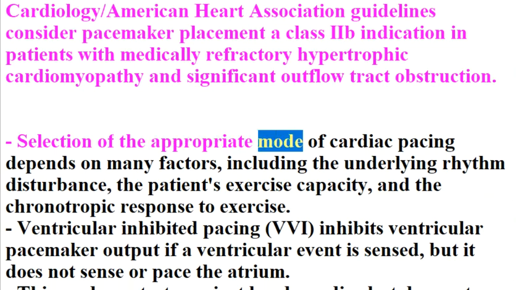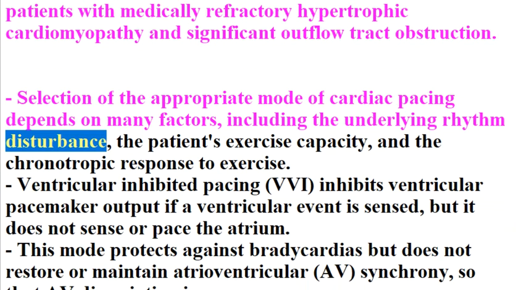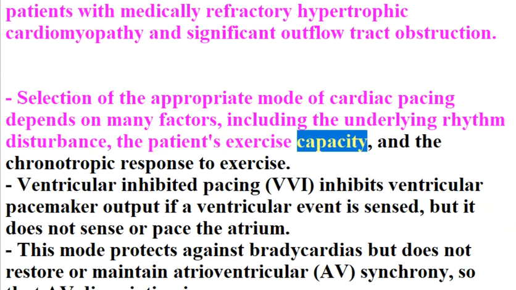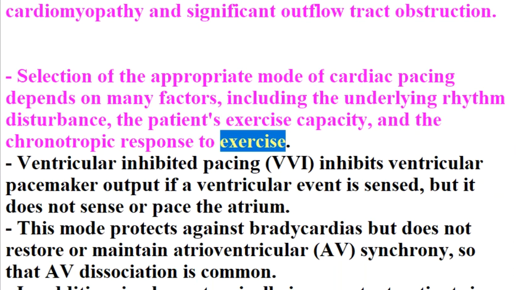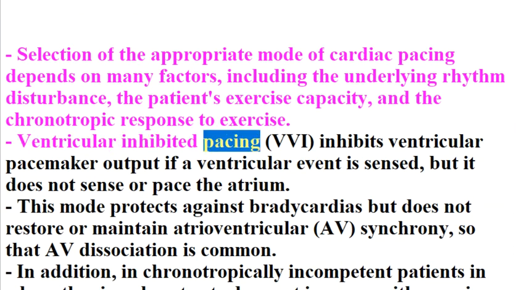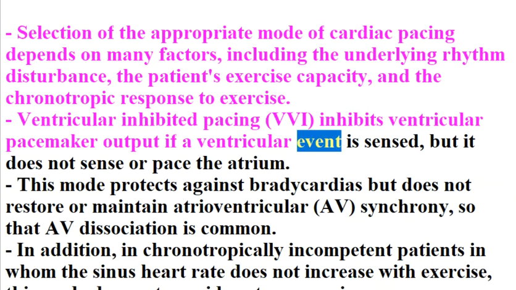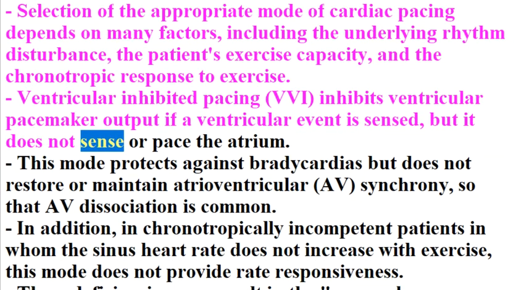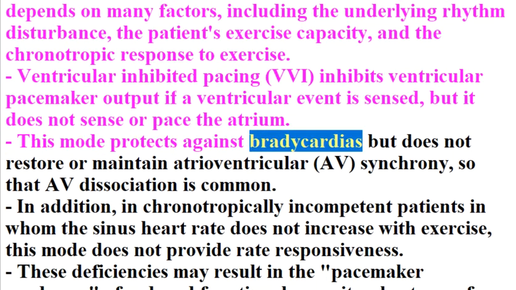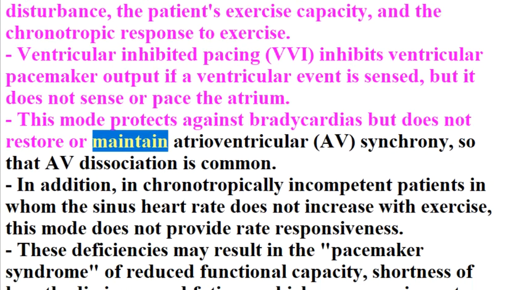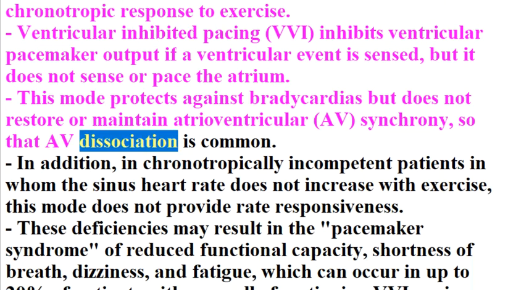Selection of the appropriate mode of cardiac pacing depends on many factors, including the underlying rhythm disturbance, the patient's exercise capacity, and the chronotropic response to exercise. Ventricular inhibited pacing, VVI, inhibits ventricular pacemaker output if a ventricular event is sensed, but it does not sense or pace the atrium. This mode protects against bradycardias but does not restore or maintain AV synchrony, so that AV dissociation is common.